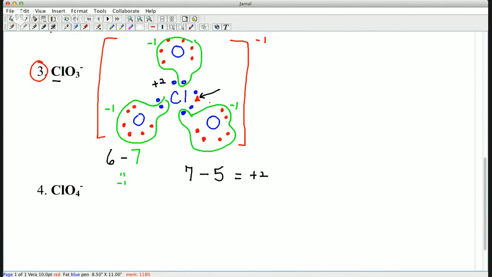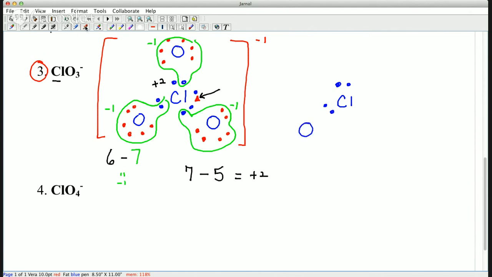So let's try another structure. And now I'm going to make sense of this. I see chlorine has 4 pairs of electrons, and notice there's 2 lone pairs here. I'm not sure if this is the way to do it, but I'm going to make a double bond occur. So I've got my chlorine, and what I'm going to do with this oxygen is make a double bond.